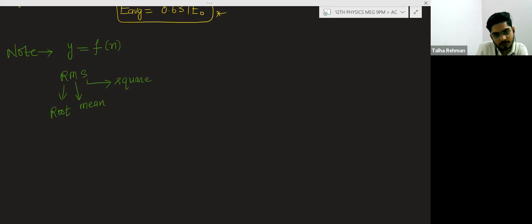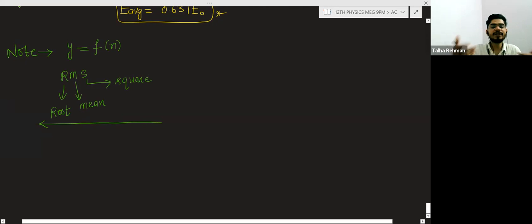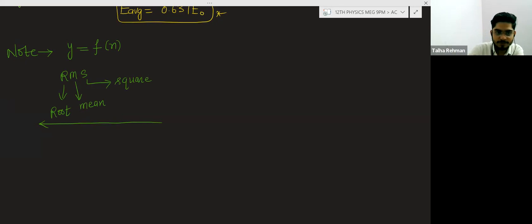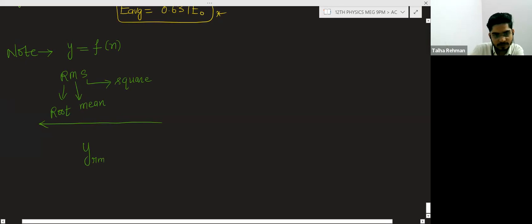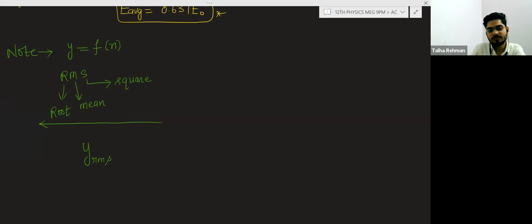So what will you do now? You will move in this way. First you will take the square of the values, then you will take the mean, then you will take the root. So I want to find the RMS value of y for some limit.